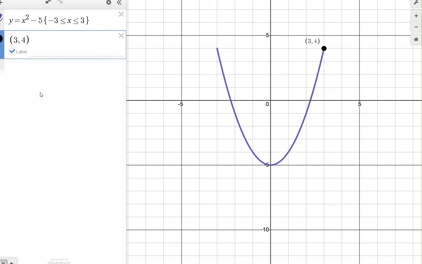If you're watching this later at home, then try and beat me to the punch. Write down the domain and the range. I'll add in one more point to this graph. 0, -5.